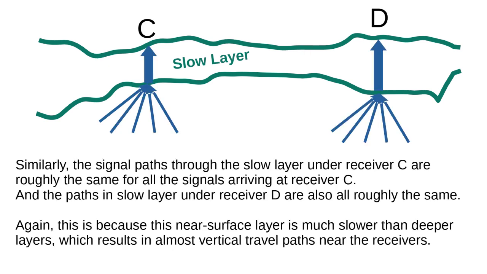Similarly, the signal paths through the slow layer under receiver C are roughly the same for all the signals arriving at receiver C. And the paths in the slow layer under receiver D are also all roughly the same. Again, this is because the near surface layer is much slower than deeper layers, which results in almost vertical travel paths near the receivers.